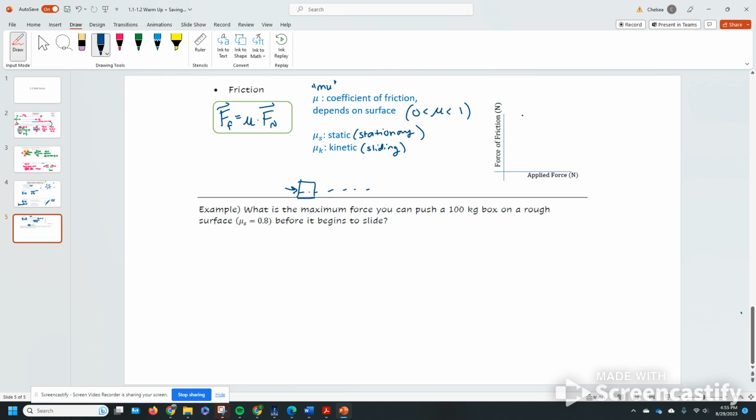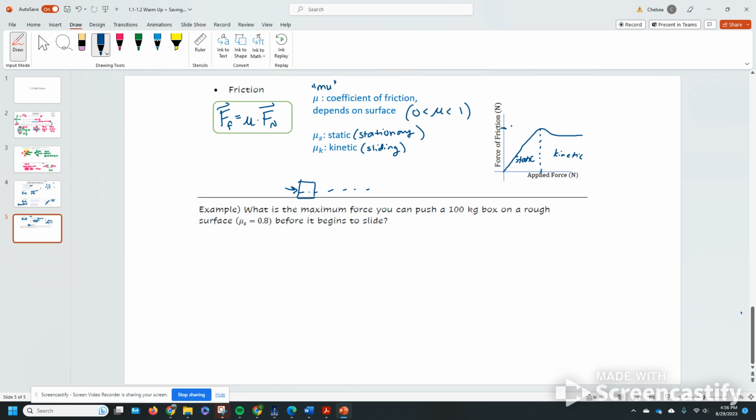What that looks like in the form of a graph: if I'm pushing on something with an applied force and I'm measuring the force of friction, let's say I'm pushing on a refrigerator, the force of friction keeps increasing, increasing, increasing until it gets to some maximum, and then it levels out. This is the range where we're not moving. This is static, and this is kinetic over here on the right.